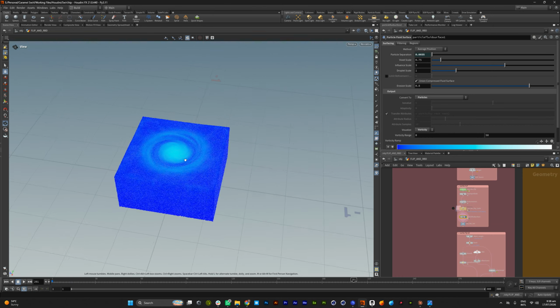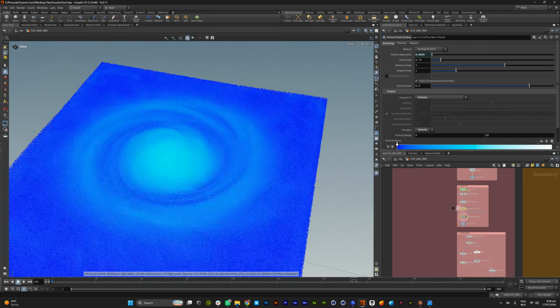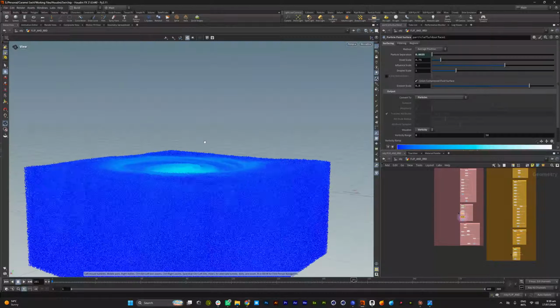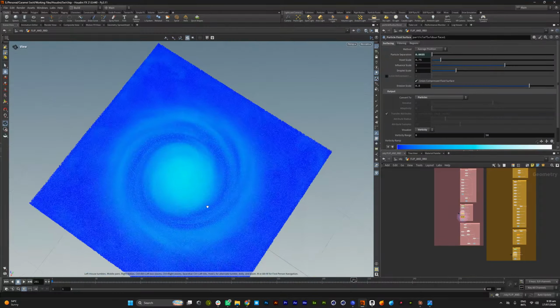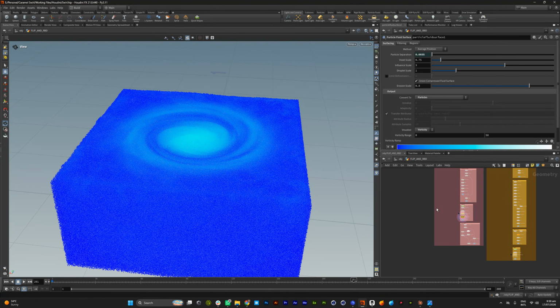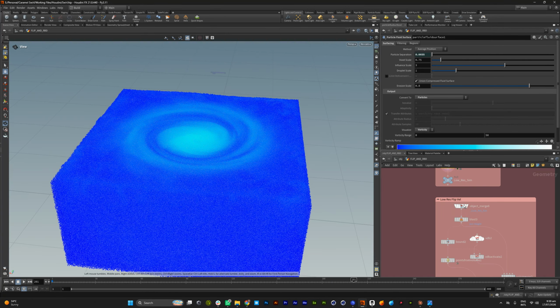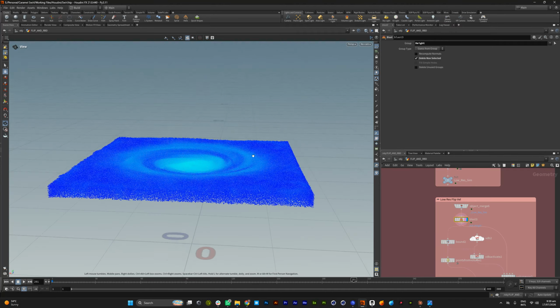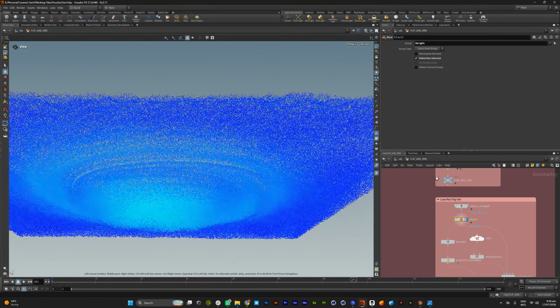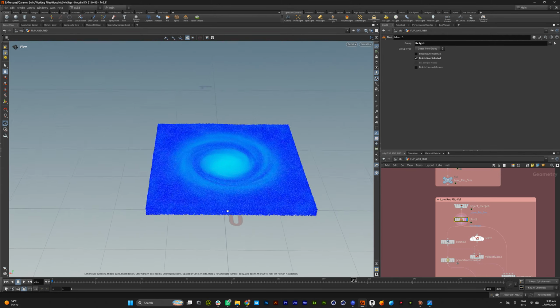It's decent. Once this swirl was completed, and I liked what I got out of this, I actually used this swirl to just clip out the top part of this simulation.